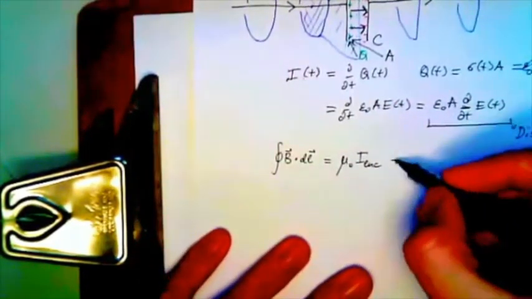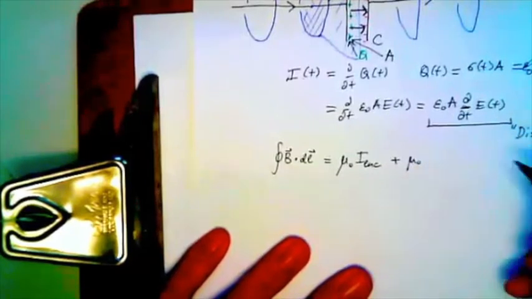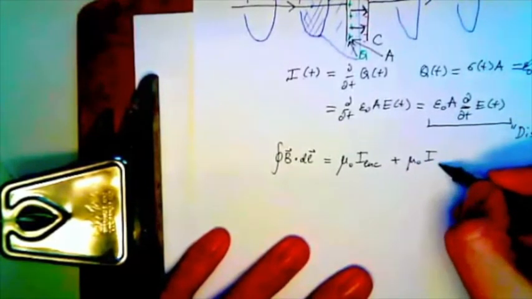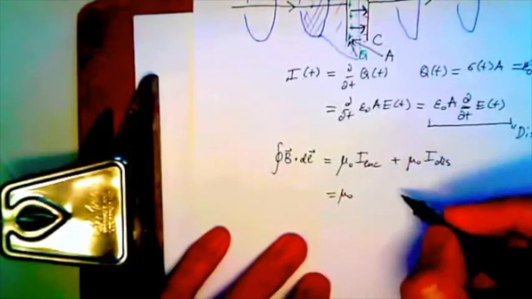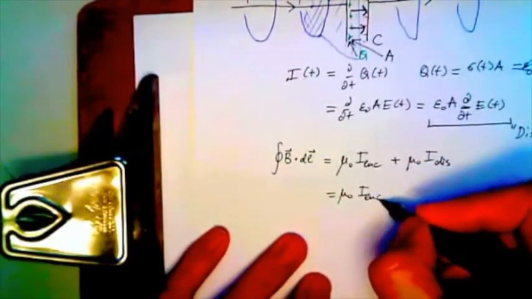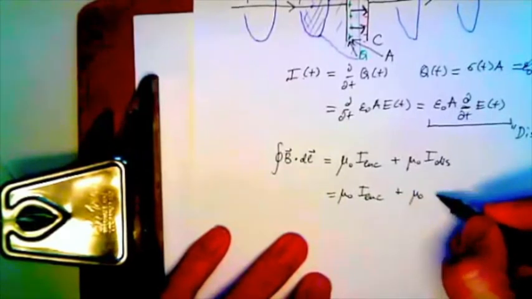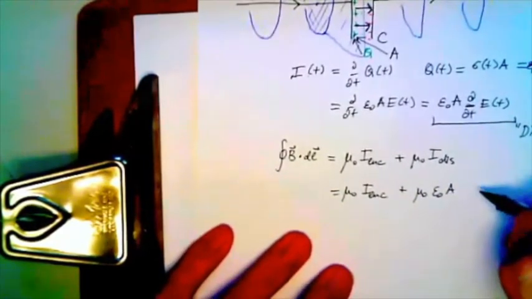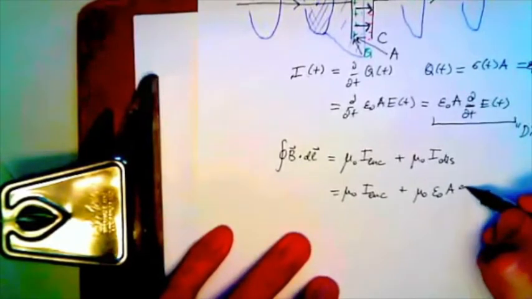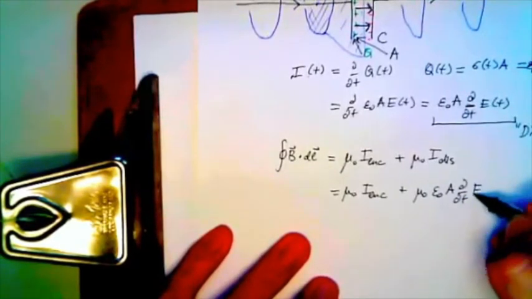And we should be able to add mu naught times I displacement. There we go. That's mu naught I enclosed plus mu naught epsilon naught A d/dt of E.